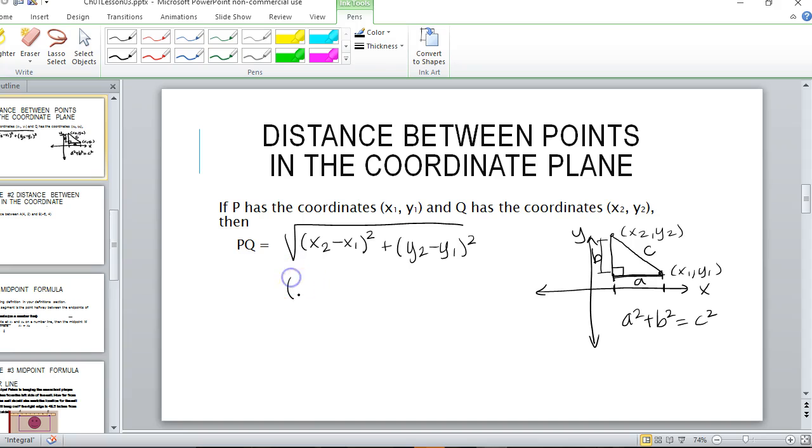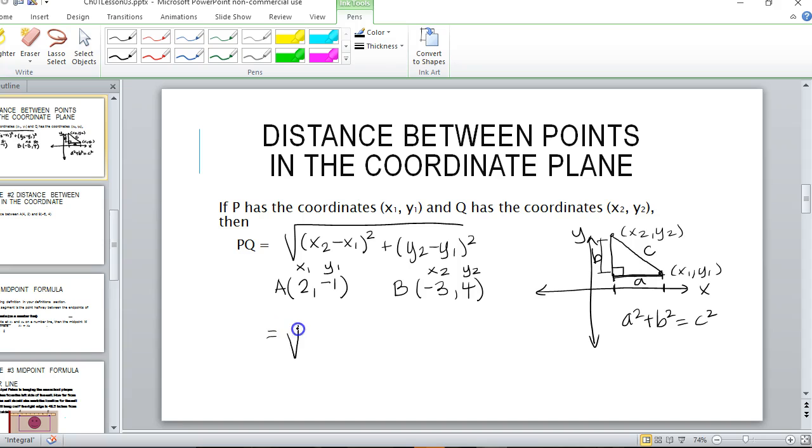So let's say that our points are 2, negative 1, is point A, and point B is -3, 4. All right, I like to label these x1, y1. It doesn't really matter which way you do this. x2, y2.